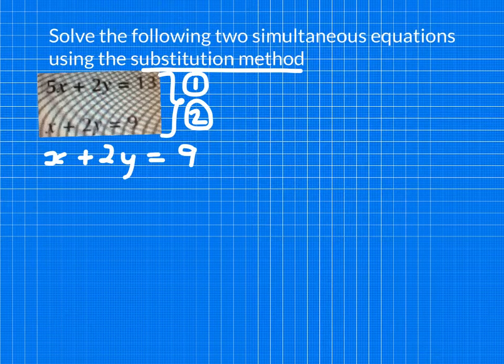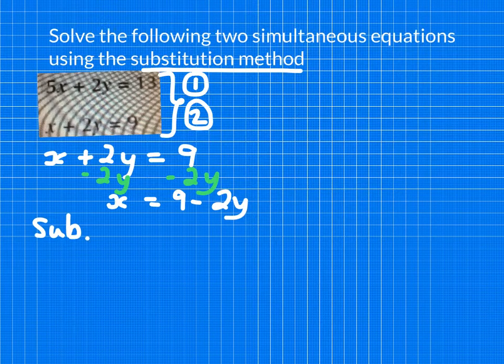Now if we rearrange this a little bit by taking off the 2y from both sides, we can see that x is the same as 9 minus 2y. What we're going to do now is substitute for x into that first equation.